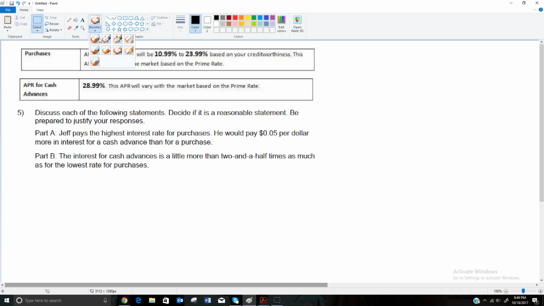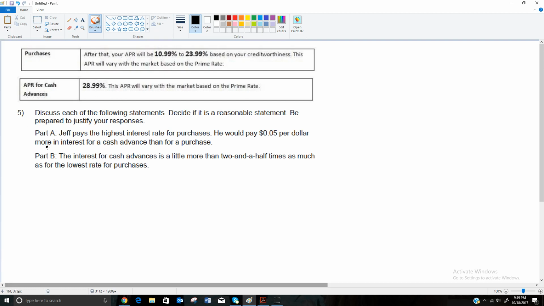Okay, so now we're going to finish up our discussion for this lesson by talking about whether these statements are reasonable. So we have here, as I spoke about just a little bit ago, the separate line for the cash advances. So 28.99% is what this credit card is saying that it will charge for cash advances.